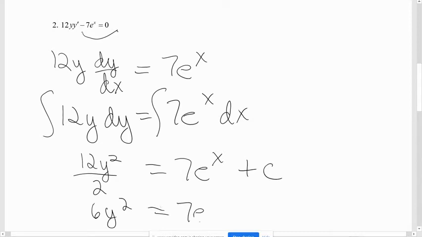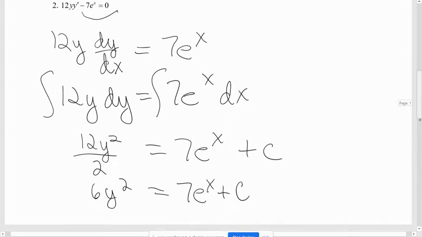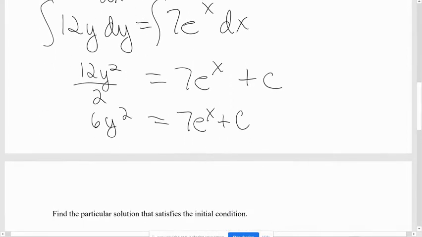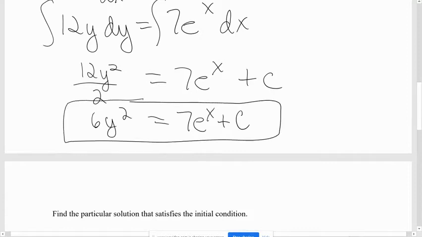So that's 7e to the x plus a constant equals 6y squared. We could leave it like that. It just says find the general solution. Doesn't say we need to solve for y. So we could leave it like that. If it did say to solve for y, we would divide by 6 and take the square root of both sides.